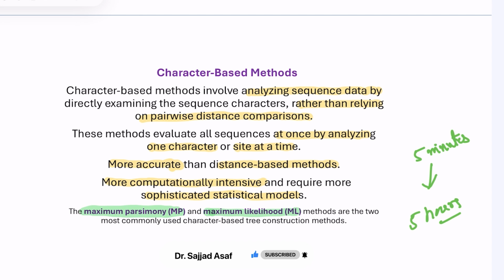So it needs more computationally intensive resources, like more powerful computers, and also sophisticated statistical models. Sometimes it depends on our data, what we want to visualize by a phylogenetic tree.